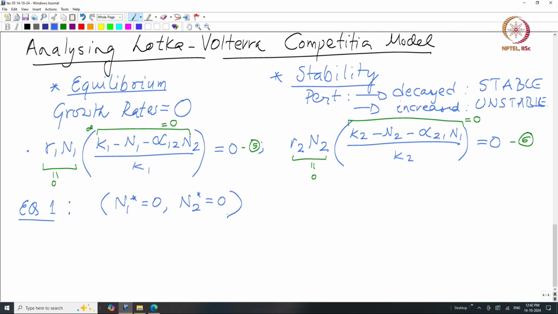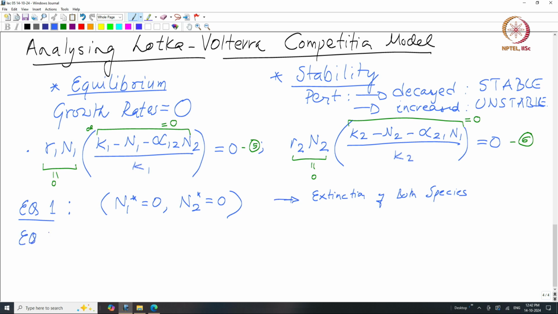Of course, if there is no individual of species 1 and no individual of species 2, there is no question of any reproduction or even competition, therefore, everyone stays at equilibrium, right. So, this is basically a case of extinction of both species. This corresponds to extinction of both species.